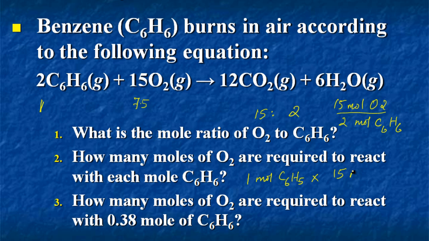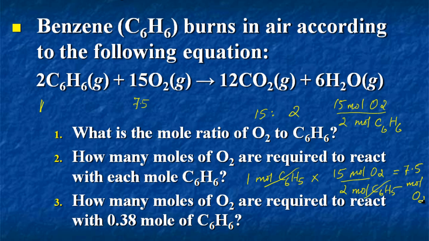So 15 moles of O2 per 2 moles of C6H6. So again, in the dimensional analysis, moles of C6H6 and moles of C6H6 can be cancelled. Once again, what would you get as the answer? 7.5 moles of O2.